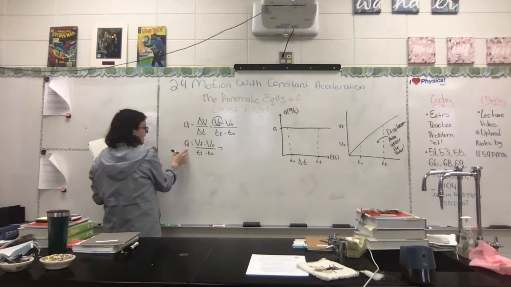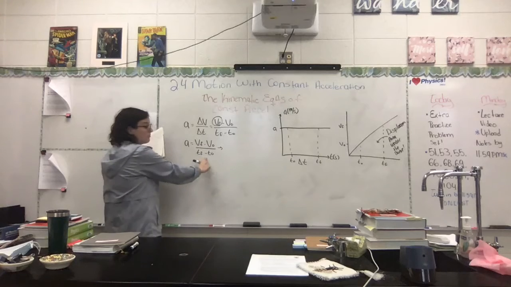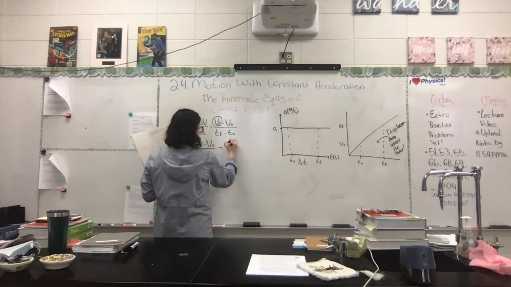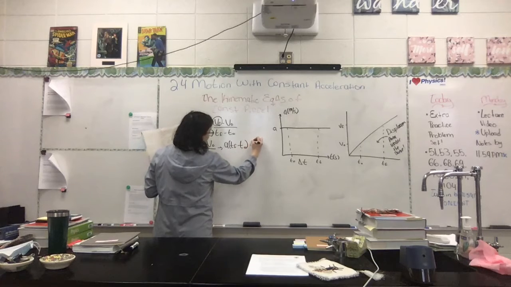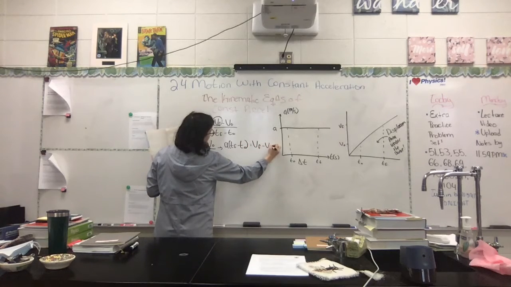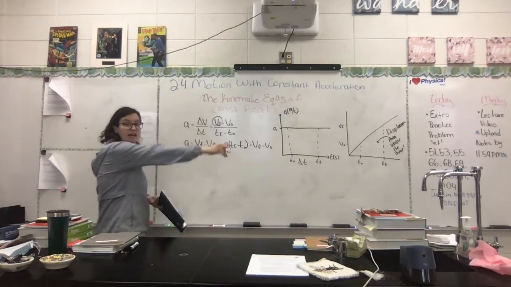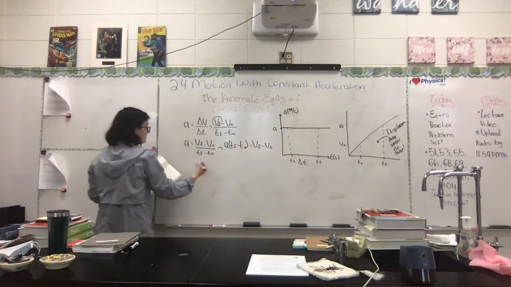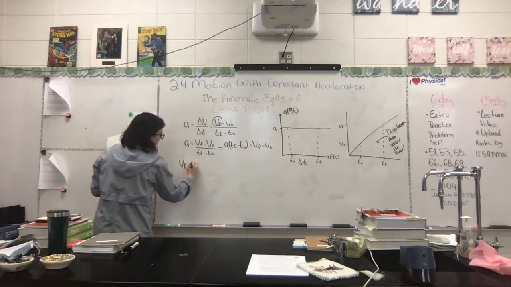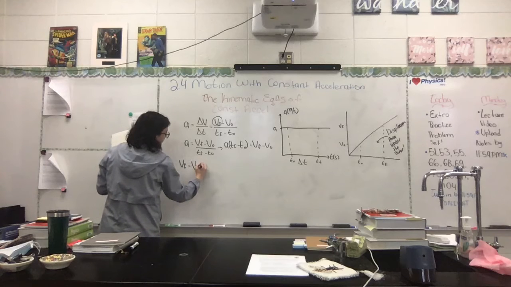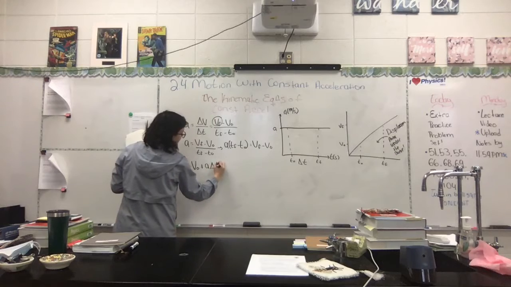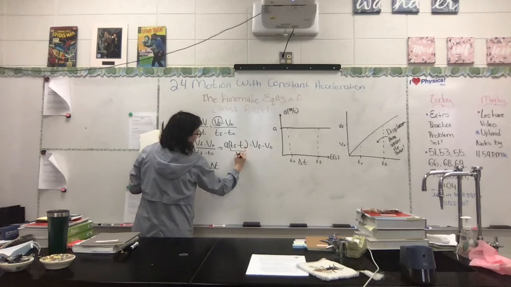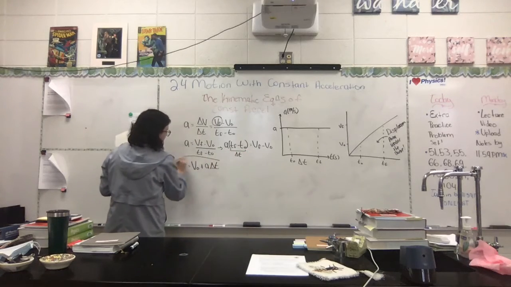We're going to multiply both sides by T final minus T initial. So we're going to have A times (T final minus T initial) is equal to VF minus V naught. And then finally, we just have to add over this V naught. So we'll end up with VF is equal to V naught plus A delta T, because remember, this can be written as delta T, all right?